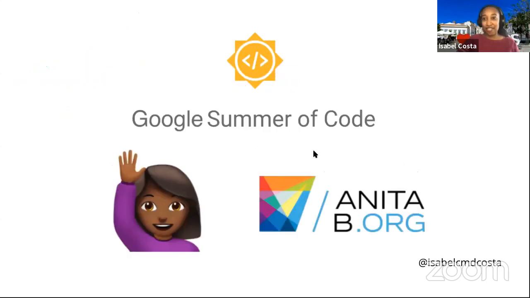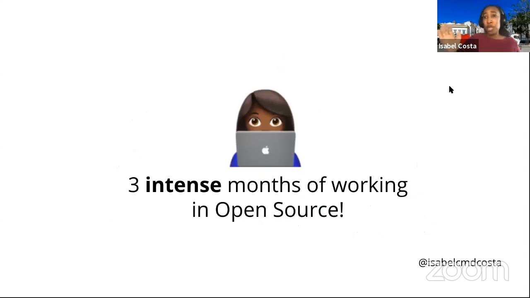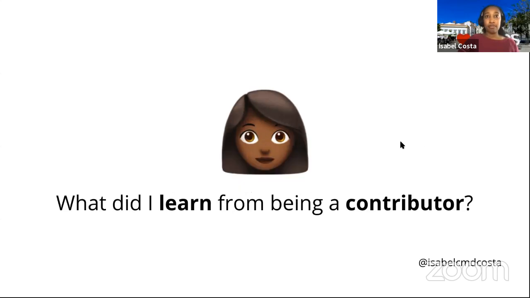So I was accepted into Anita B Open Source, which at the time was called Sisters Community. And I worked for 3 months straight with the community, with mentors and the organization. So this was my first experience really working on a project for a long period of time, completely in the open. And this is actually where I learned most of open source.